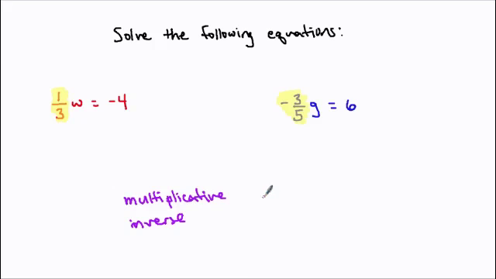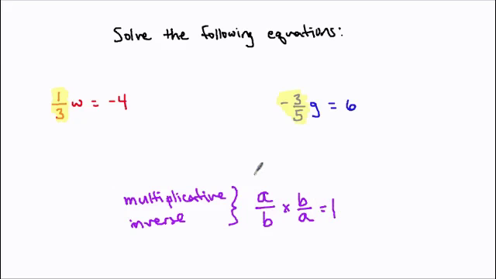Now, the multiplicative inverse is just a math property that tells us that two numbers that are multiplied together equal 1. So, for instance, if we had a number in the form of a over b, the multiplicative inverse of that is just the reciprocal, which would be b over a. So those two numbers equal 1.